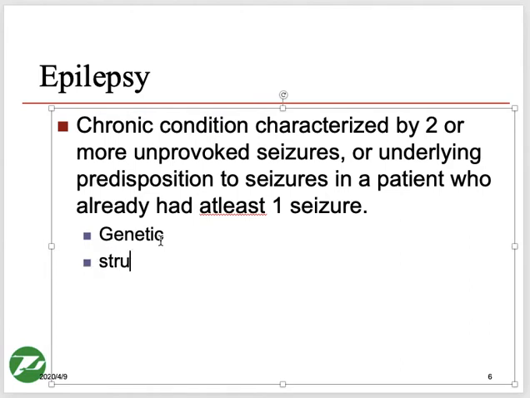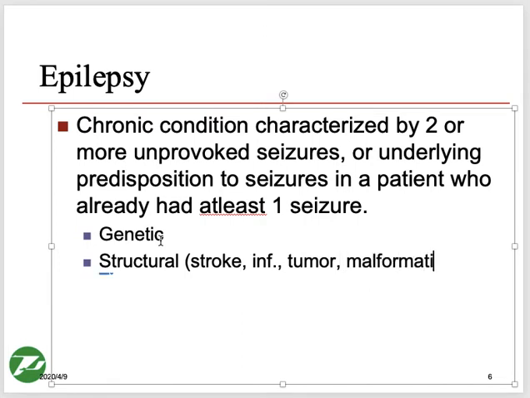So it could be structural. Okay. So when we say structural, it could be any anatomical problem which is interfering with the normal anatomy, like it could be stroke, it could be infection. Okay. And it could be a tumor, or it could be some malformation. Okay.